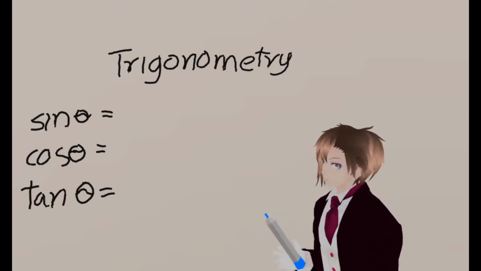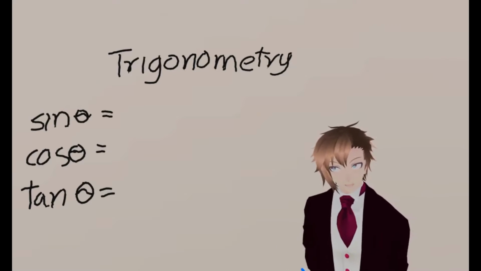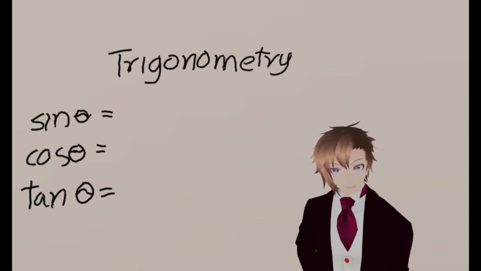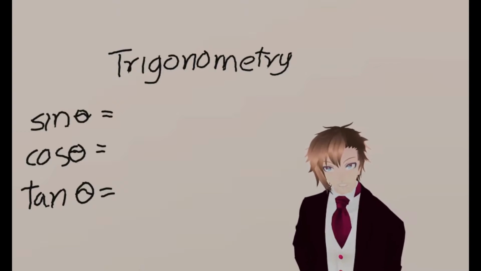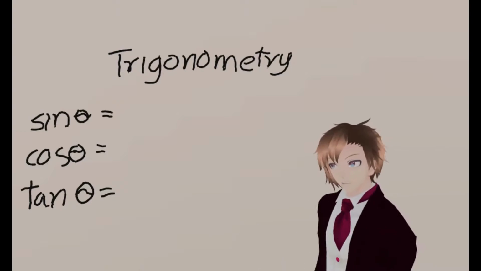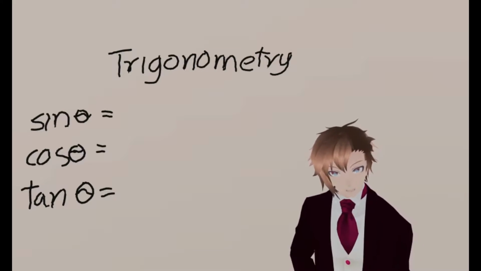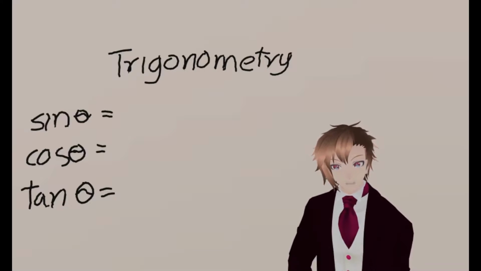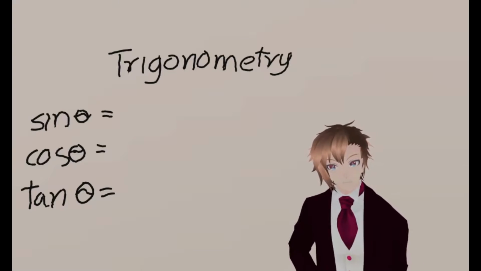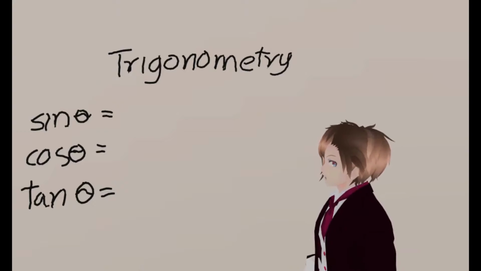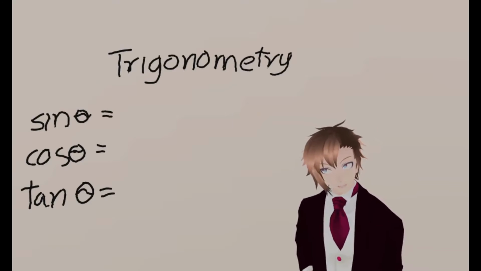To revise, we have sine, S-I-N-E, we have cos, or the cosine, we have tan, or the tangent, and each of those compares two sides. Do you remember which sides sine compares?